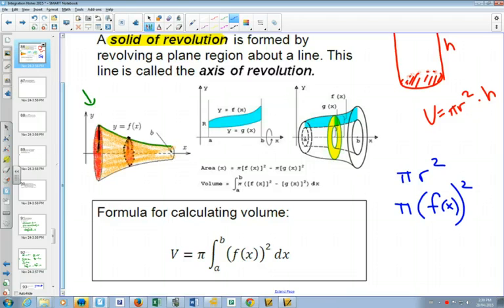Remember when we were doing area under a curve? If I make a little rectangle, that would be an area under a curve. If I kept making that smaller and smaller, it would eventually approach my radius. How do we find an area under a curve?